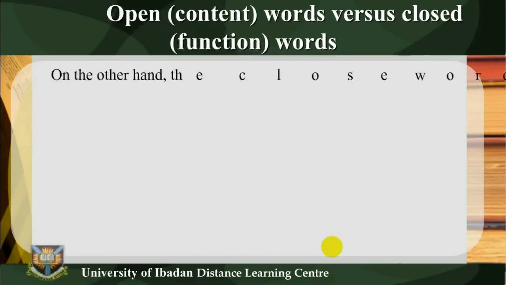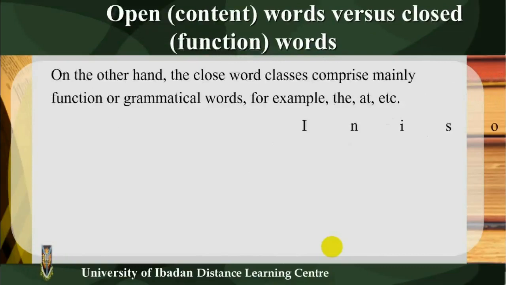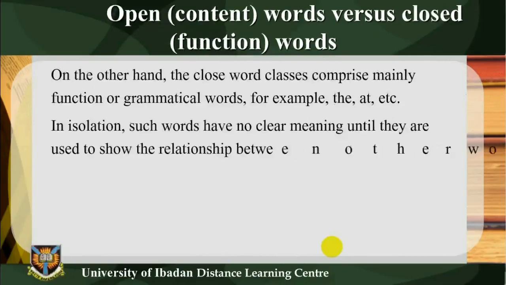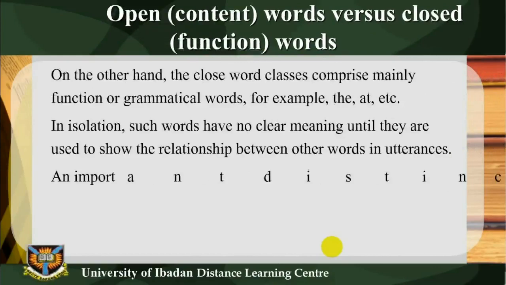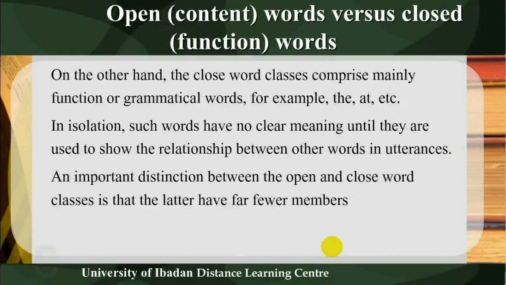On the other hand, the closed word classes comprise mainly function or grammatical words. For example, the, at, etc. These have little meaning in isolation until they are used to show the relationship between other words in utterances. An important distinction between the open and closed word classes is that the latter have far fewer members.